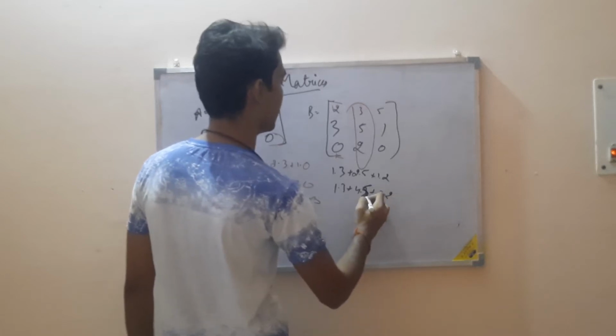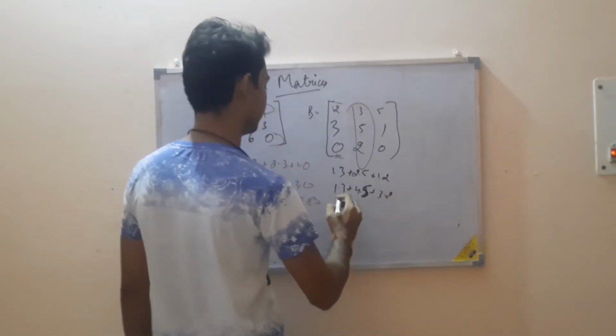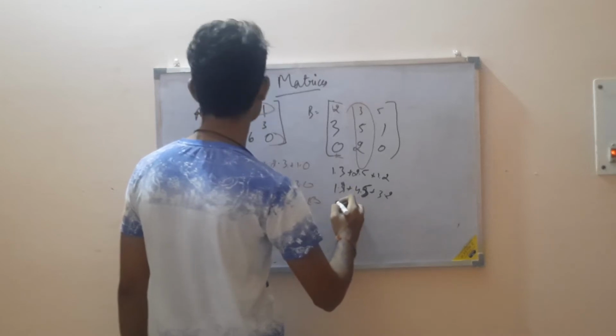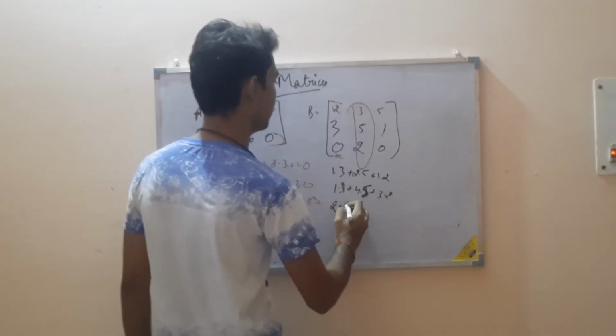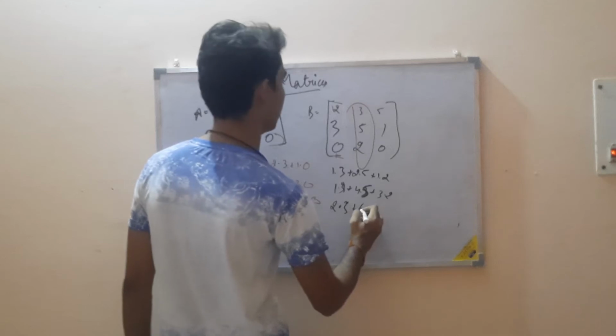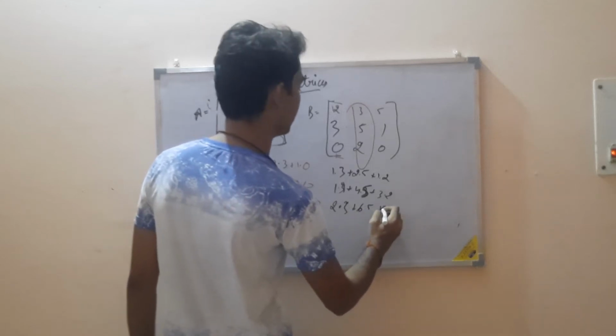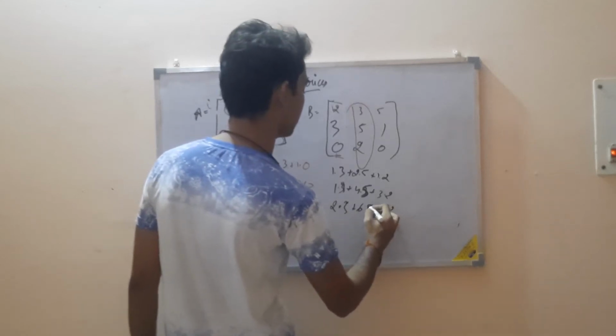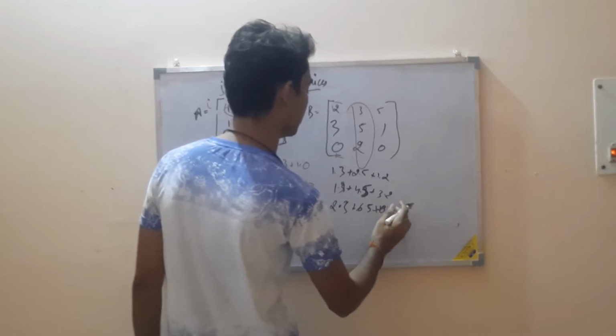It will be 5, my fault. 2 into 3, 6 into 5 and 0 into 2.